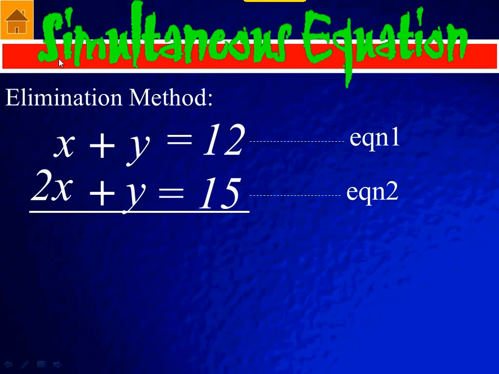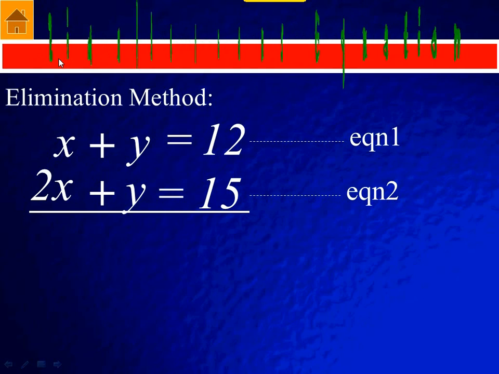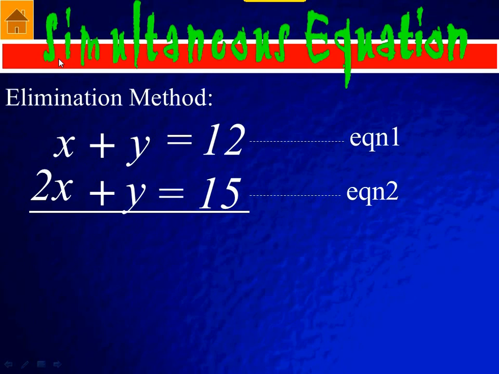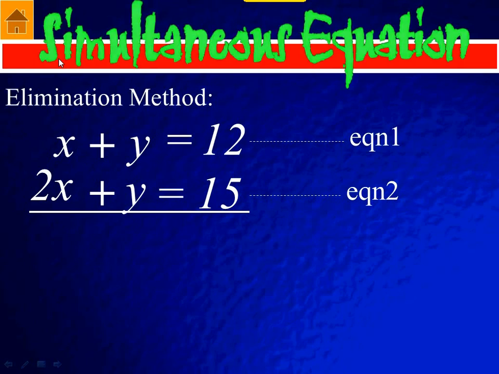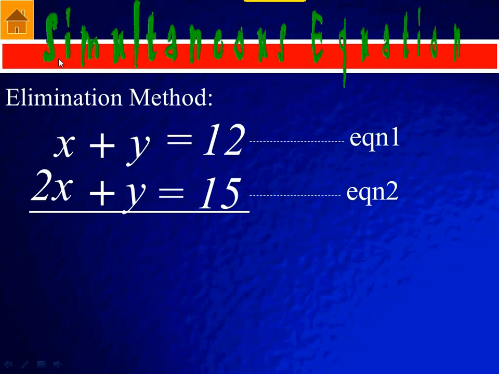In this case x is being multiplied by 1 up here, and x is being multiplied by 2 here, so we would not try to eliminate x. On the other hand, y is being multiplied by 1 in the first equation and also by 1 in the second equation. So obviously we would want to eliminate that y.